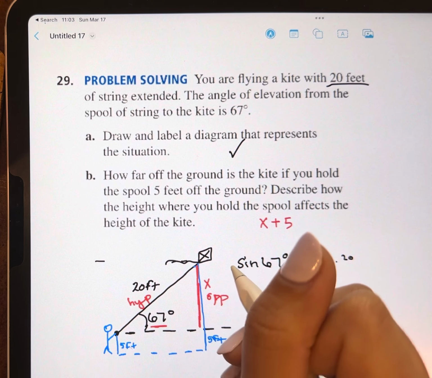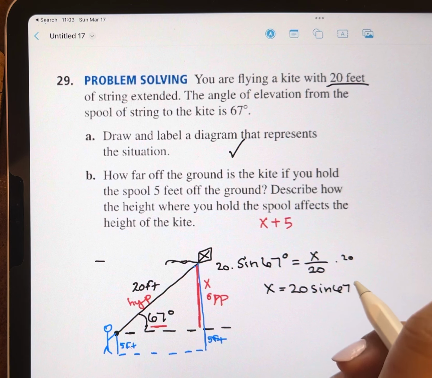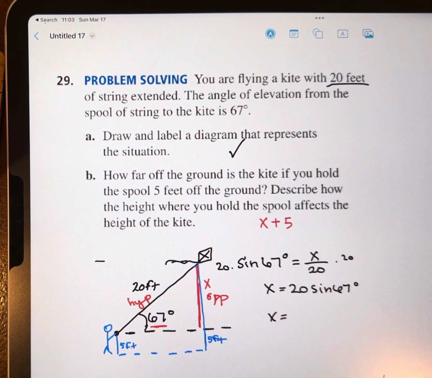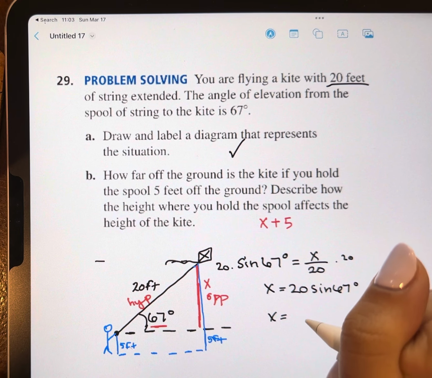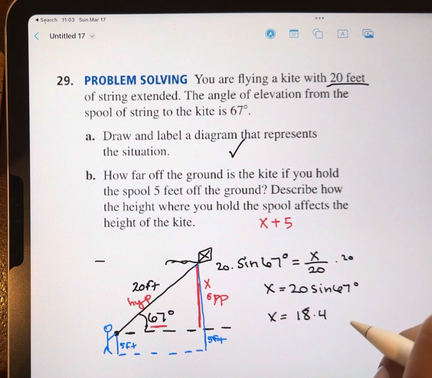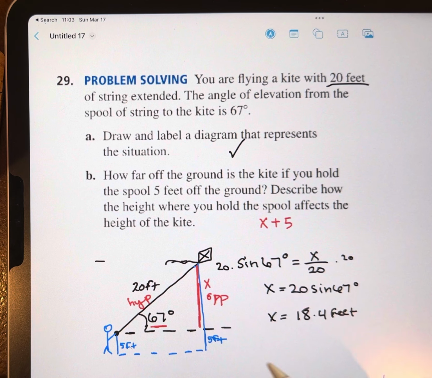Then all I've got to do is multiply both sides by 20, so x equals 20 sine 67. 20 sine 67 is 18.4. So this distance is 18.4 feet, but I'm holding the spool 5 feet off the ground, so really it's 23.4 feet.